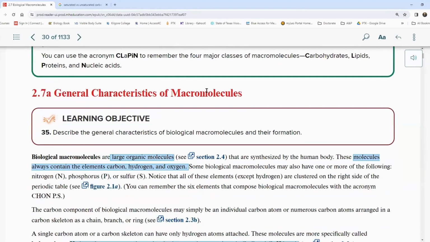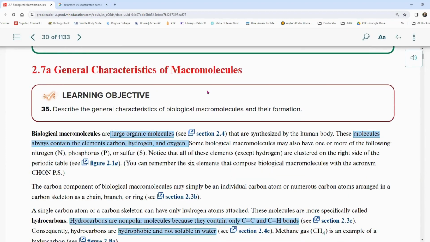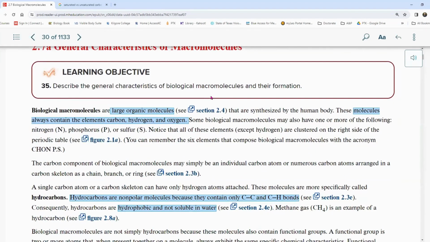So biological molecules. These biological molecules are large organic molecules, and organic simply means that it contains carbon, hydrogen, oxygen, and sometimes nitrogen. I know that if we go to the store and see something labeled organic, what that actually means is that it was grown without other chemicals added to it.